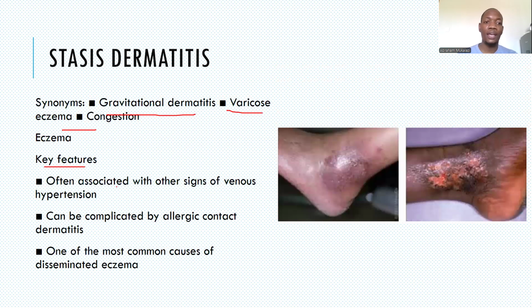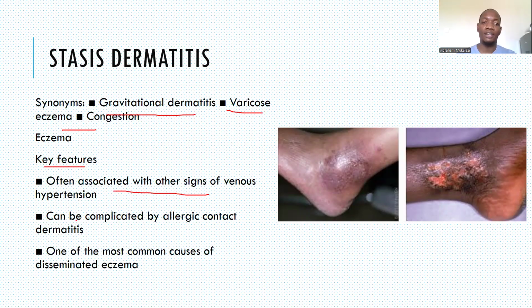So the key features here, the signs usually: oftentimes the patient will have venous hypertension, meaning that the pressure of blood within the venous system is a little bit elevated, impeding the easy flow of blood back to the heart from the legs.